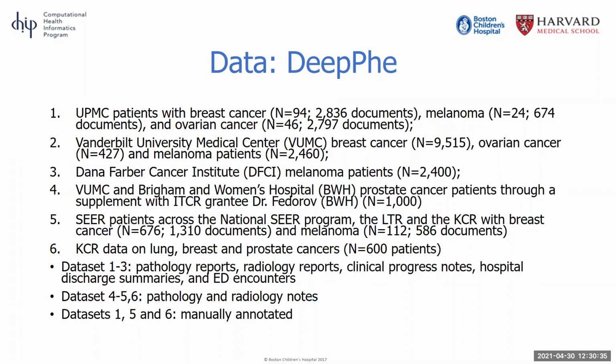The scope of the types of documents is fairly large. We have pathology, radiology reports, clinical progress notes, discharge summaries, ED encounters, and also we're dealing with the CDA messages that are sent from the hospitals to the cancer registries.